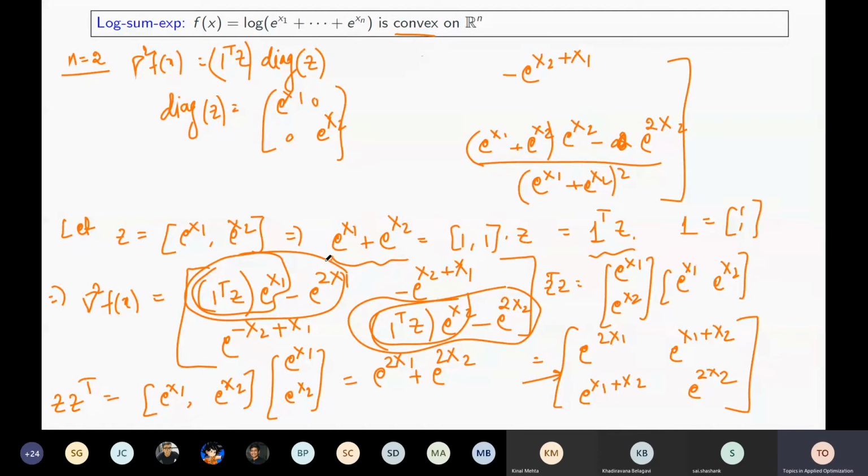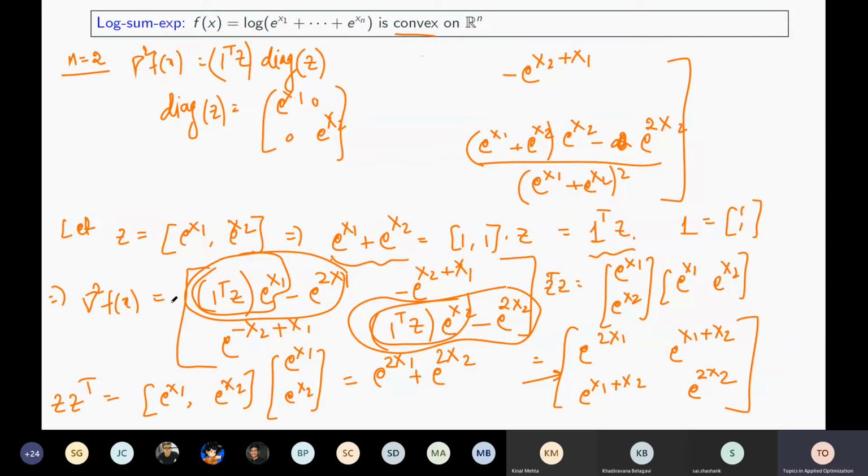What happens to the denominator? We have to take it common, right? Because the denominator is common everywhere, we will keep it separately. The denominator has no role to play here, because it's positive anyway.